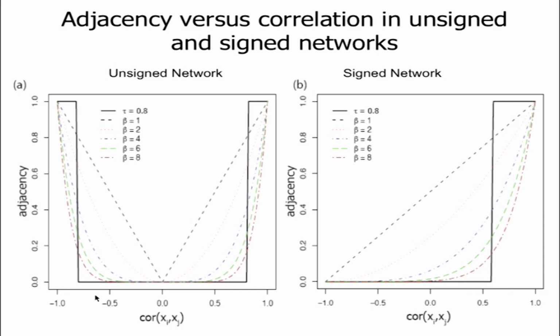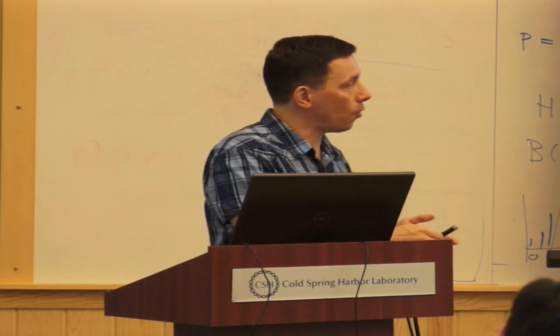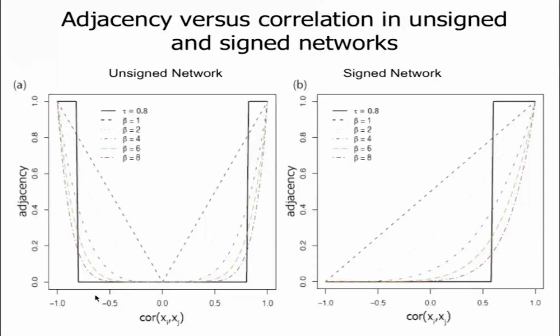What does that mean? Genes that have a negative correlation with each other are in essence not connected in the network. Only genes with a positive correlation get connected. In this sense, the signed network distinguishes positive from negative correlations.